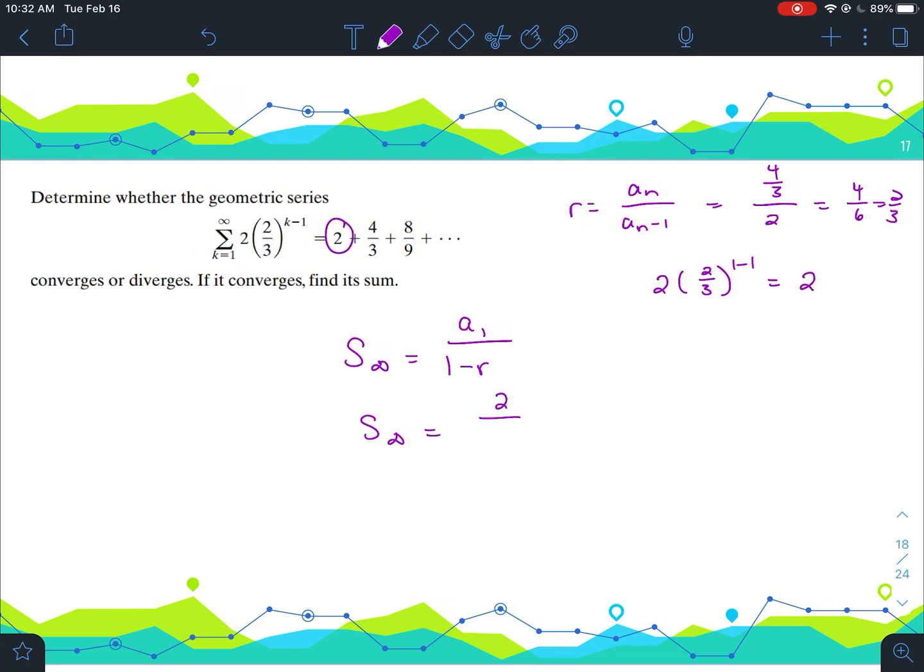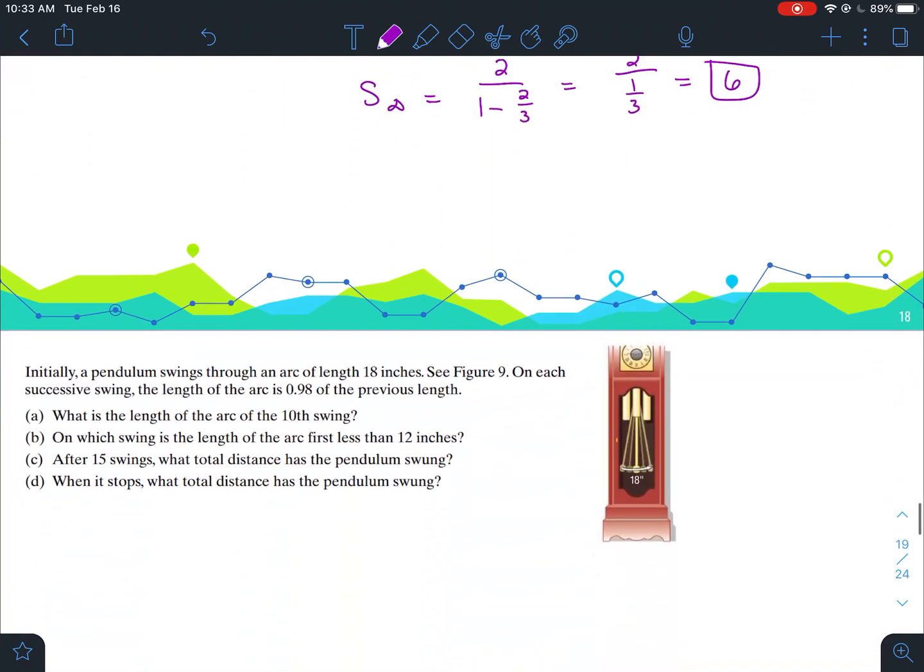So the sum of the infinite number of terms in this sequence would be 2 divided by 1 minus the common ratio, and the common ratio is 2/3. So this is going to be 2 divided by 1 minus 2/3 is 1/3. So the sum of this sequence of numbers, the series 2 plus 4/3 plus 8/9 plus continue forever and ever, would be 6. It's a finite number, and it's 6.